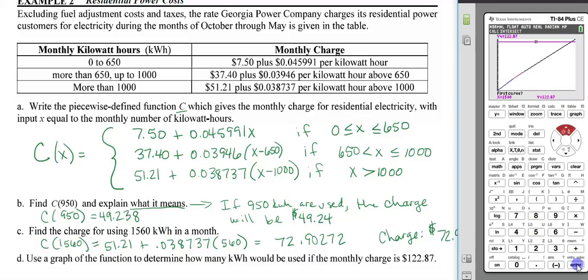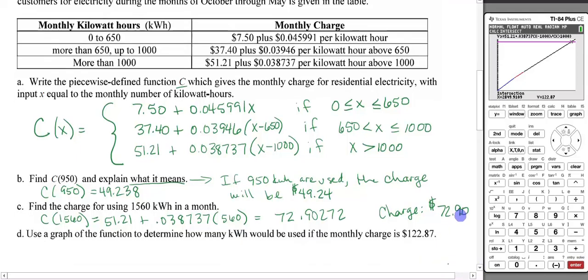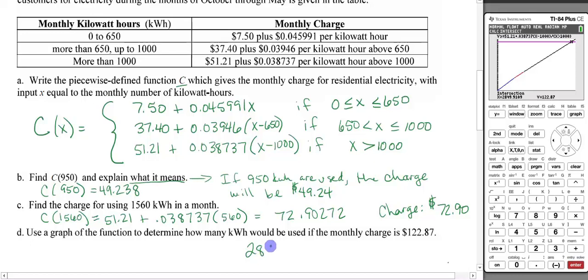Y4, yeah, that's our horizontal line, and scroll up until it says Y3. Yes, that's the other function we want to get. So we have looks like 2,850 kilowatt hours. Okay, so 2,850 on your kilowatt hours there.